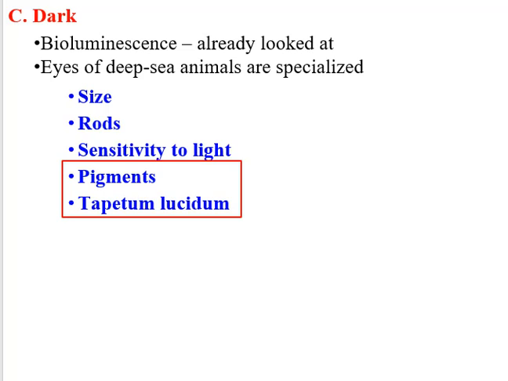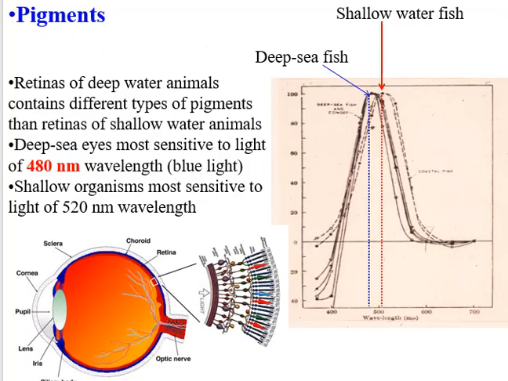The pigments that are found in the retina, and this structure in the back of the eyes, that's called the tapetum lucidum. In the human eye, in the eye of fish, in the eye of squid even, if you look at this figure down at the bottom, that's basically what a vertebrate eye looks like.